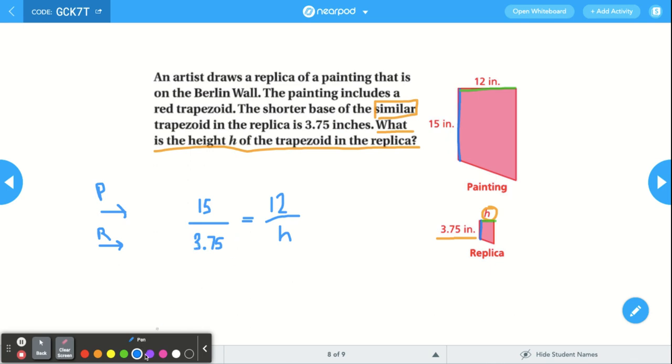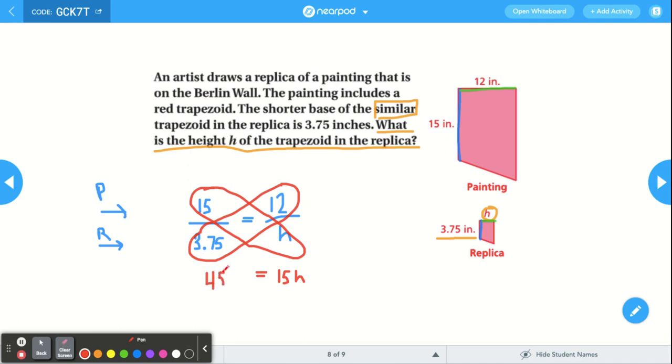So let's go ahead and do our cross products. So I'm going to multiply 12 times 3.75 and the 15 times the H. So 15 times H is 15 H's. And that's equal to 12 times 3.75, which I'll need my calculator to help me out. That's 45.